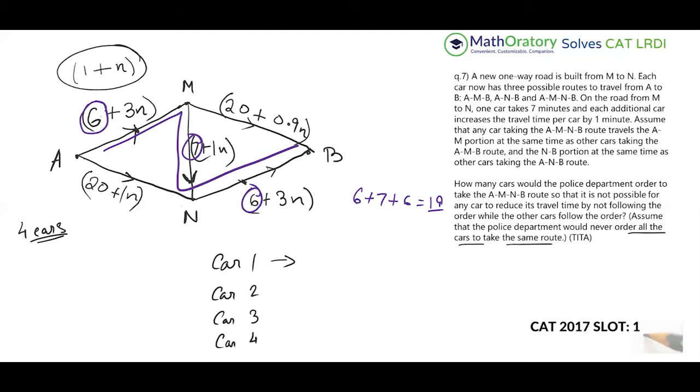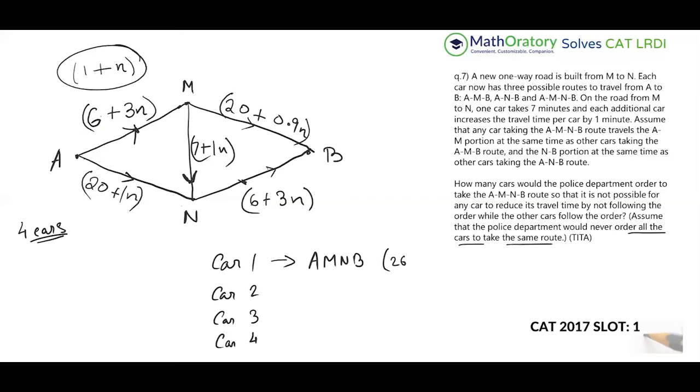So the first car should go via this AMNB route. So let me write that down. So this will go via AMNB, and that will take 26 minutes. Okay, so let me write 26 only. So 26, sorry, 19 minutes, my bad. So I somehow wrote the other one. Anyhow, so 19 minutes for the first car.